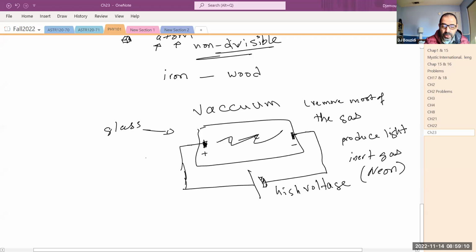Well, there is a glow that starts to appear on this end, on the cathode. This is the anode, by the way. So that glow was later on named cathodic rays.